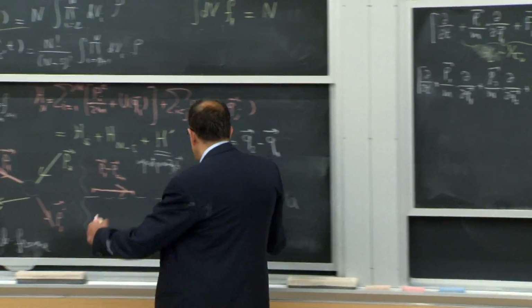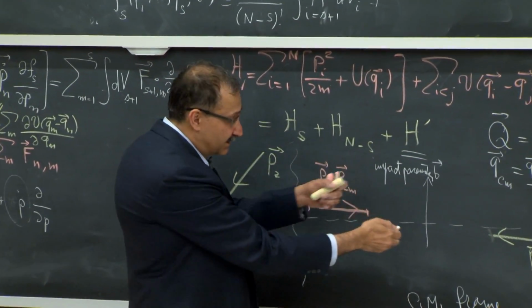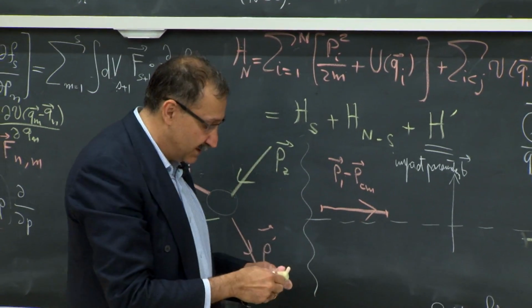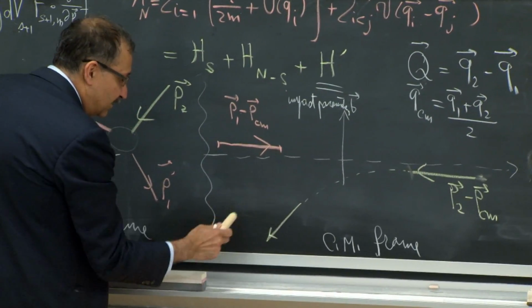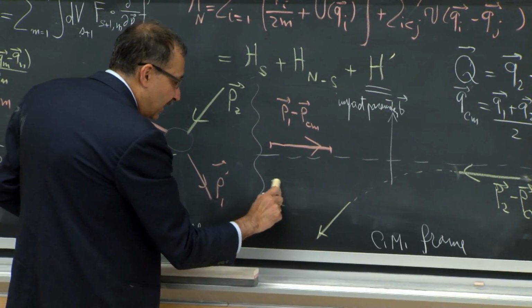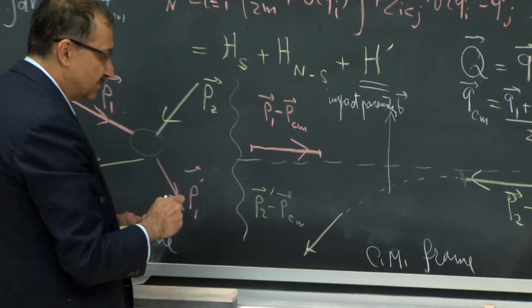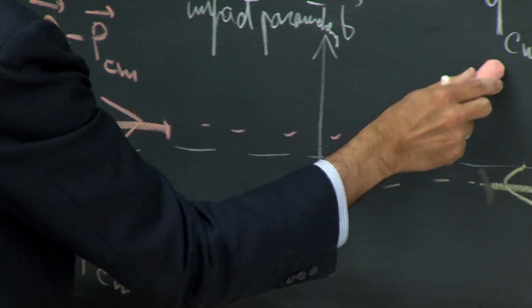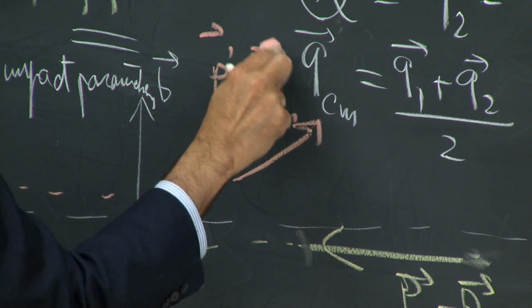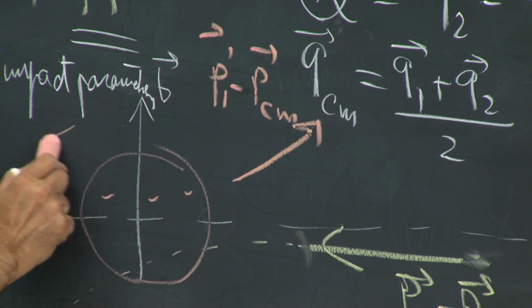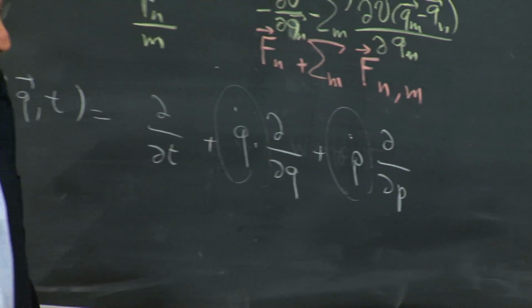It is only when this relative parameter A has approached D that these particles will start to deviate from their straight line trajectory and presumably go to, in this case, P2 prime minus P center of mass. And this one presumably will go and eventually P1 prime minus P center of mass.